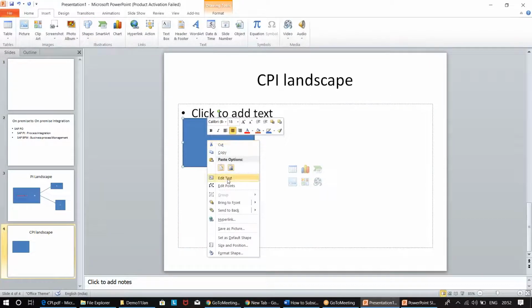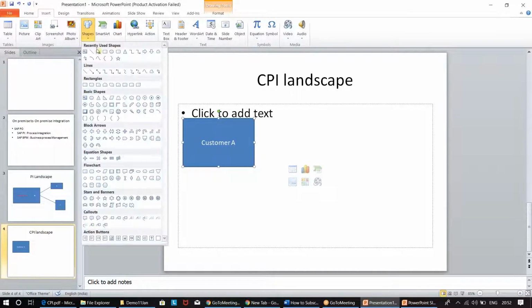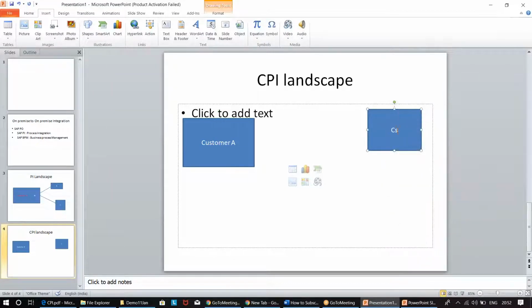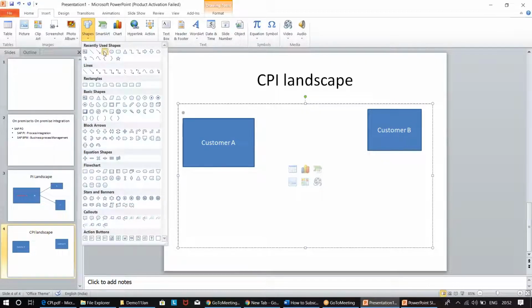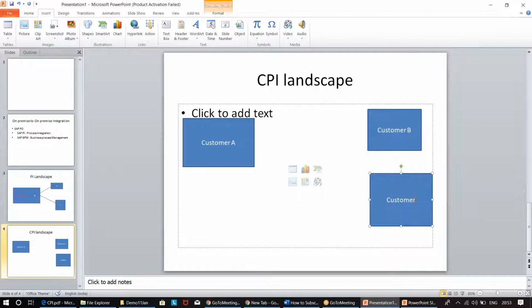Again, your customer A, now they have to talk to other applications, B, and here I'll draw customer C. Okay, so we have different systems. This A has to talk with, I should not have written customer, it should be application B, or this should be application C.